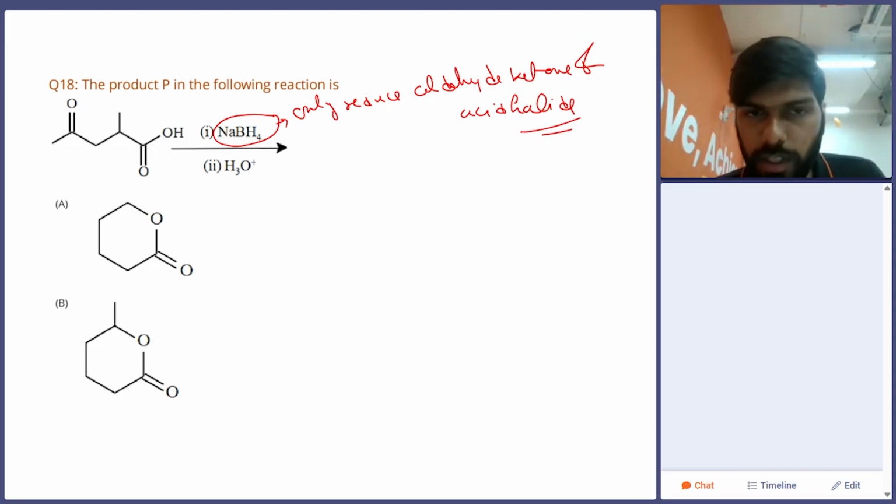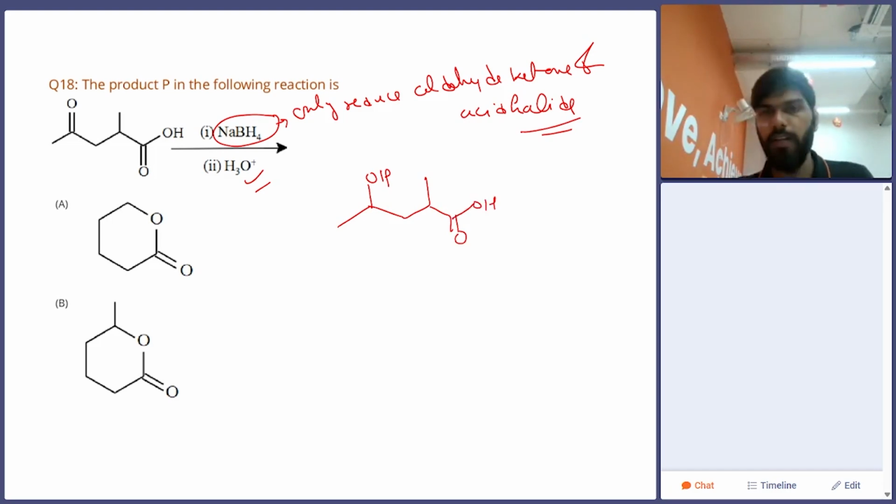So when the ketone is reduced in the presence of acidic medium, the product is OH, double bond O, OH. Is there any answer written? No, the answer is not written, which means something else is also happening in this reaction. There is a lactone formation; there are three types of lactone, alpha, beta, gamma.